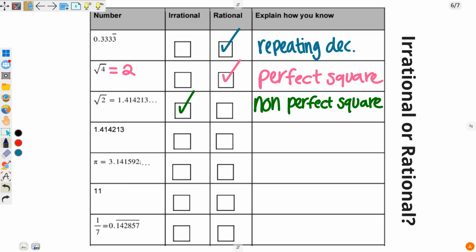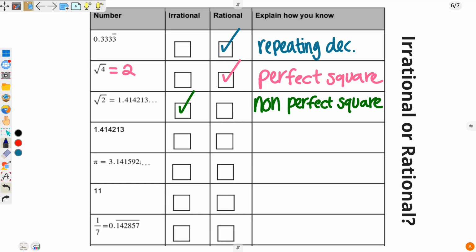Now look at this next one. 1.414213. It's very similar to the one above, but what's missing? Does it have a dot, dot, dot? Does it keep going?